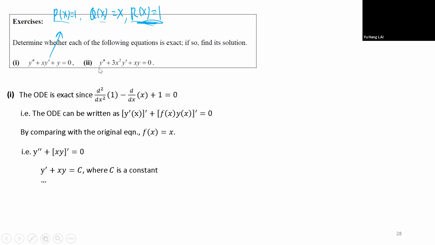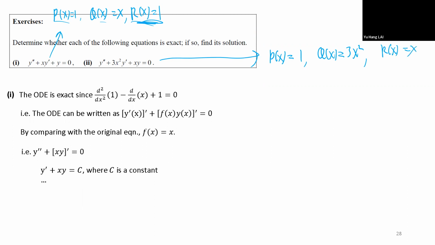So a second example here. This time you can see that your P of x is 1 again, your Q of x is 3x squared, and your R of x is x.